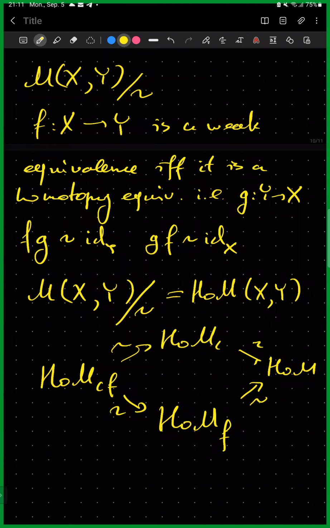Now I wanted to talk about another aspect that is related to this easier way of localizing model categories, namely the derived functors.